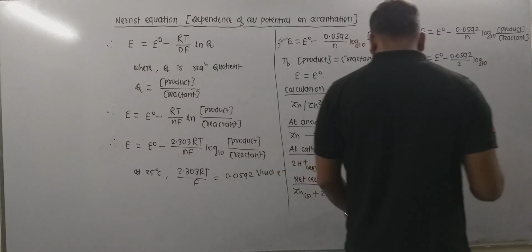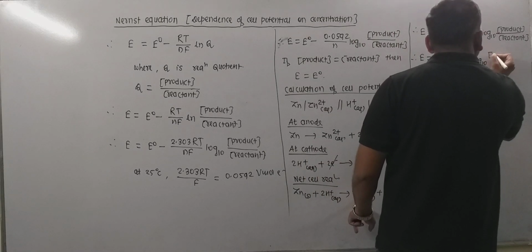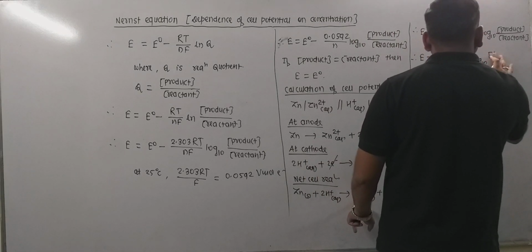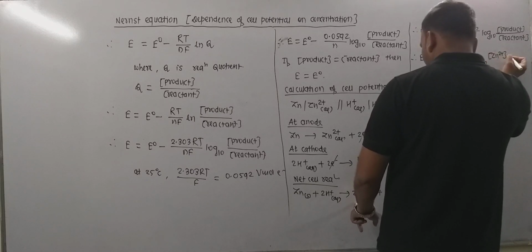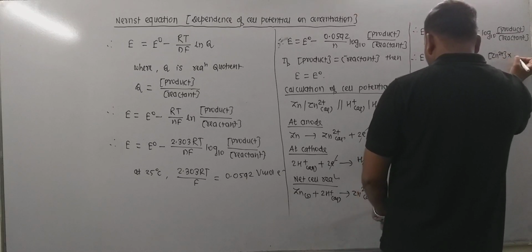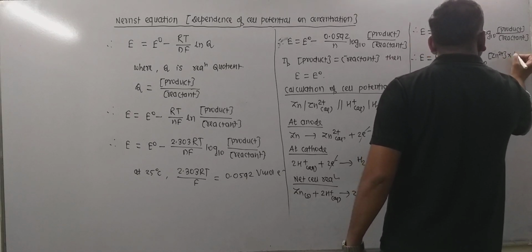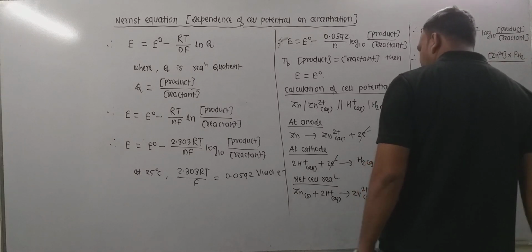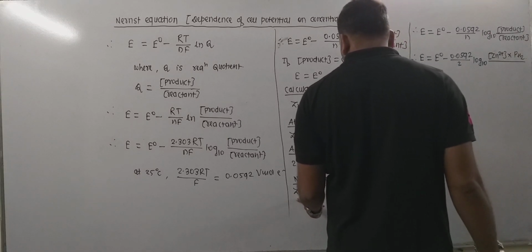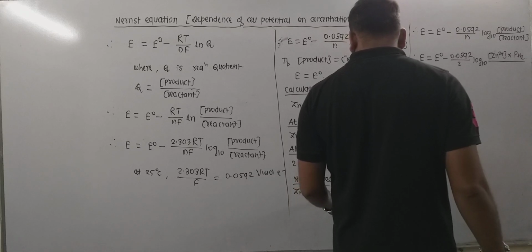Now on the product side, twice of H plus, thus twice of Zn2 plus is there. So concentration of Zn2 plus into, there is H2 gas, that's why pressure counts, so pressure of H2 upon. Now its concentration is unit, so it doesn't matter. Into what?